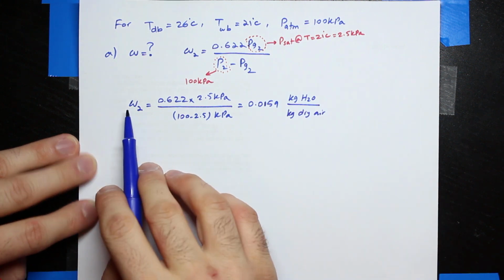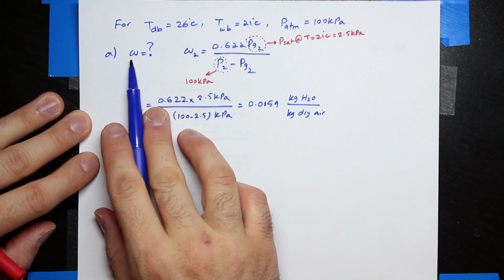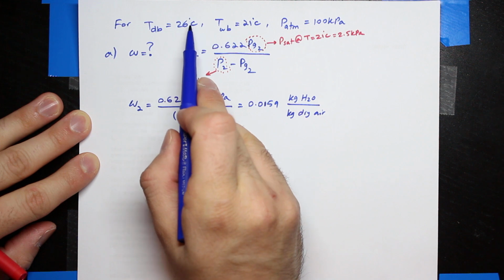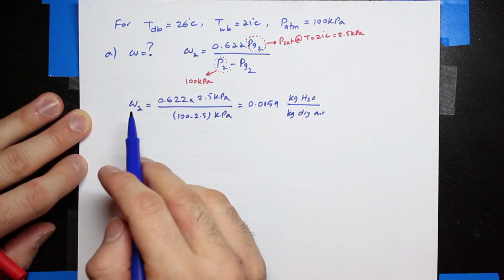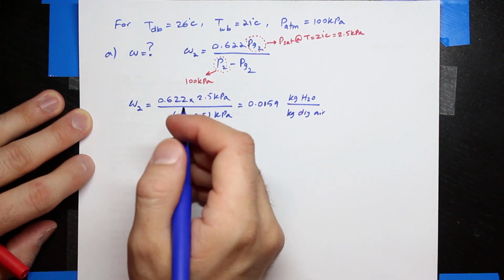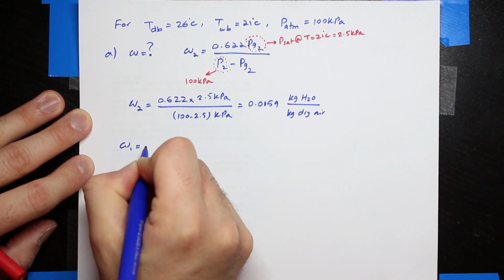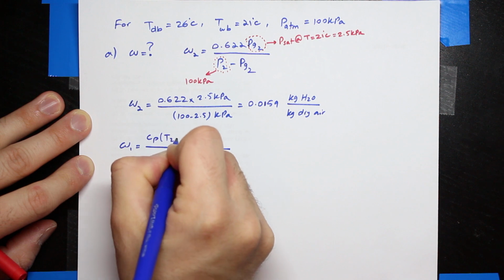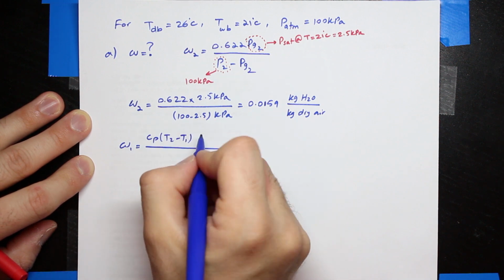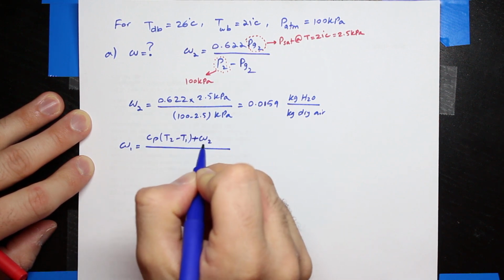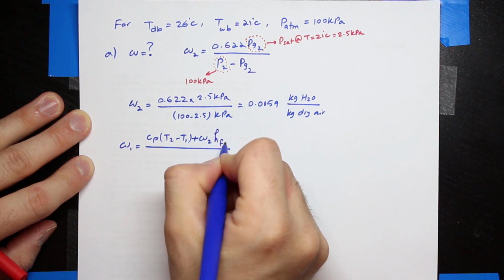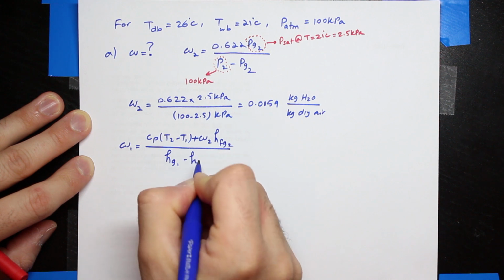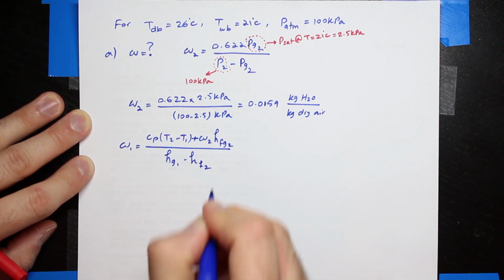Now, this is not what the question is asking for. The omega that the question is asking for is omega for the dry bulb temperature. That means I want to put this into the other equation, and the other equation is omega 1 equal to Cp (T2 minus T1) plus omega 2 hfg2 over hg1 minus hf2.